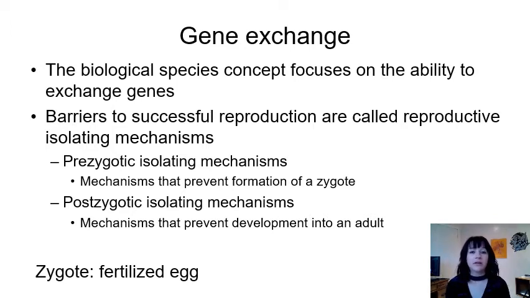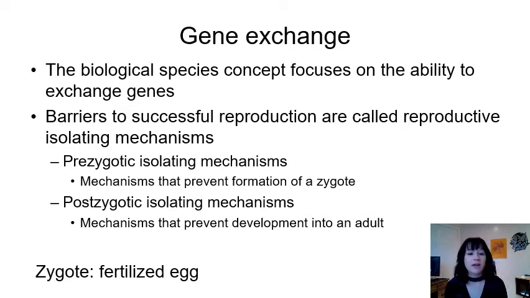Now, the ability to interbreed, in other words, is the ability to exchange genes. Because when a male and female mate, they each contribute genetic information to the offspring. So another way to describe two individuals mating is exchanging genes. Now, there are different reasons that two species may not be able to interbreed.